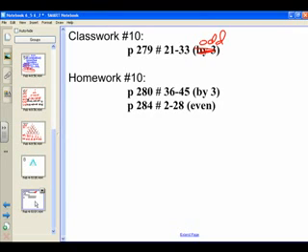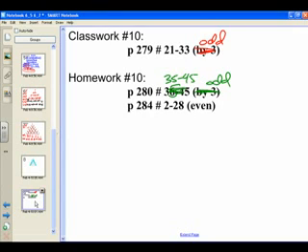So do odds. And as far as the other part, 35 through 45, odd, like that. Because you were assigned the evens before.